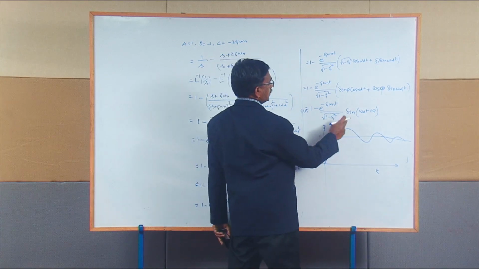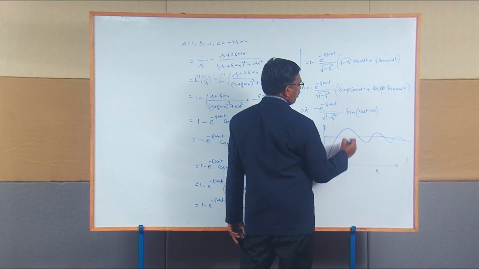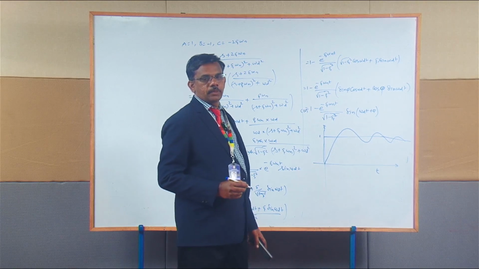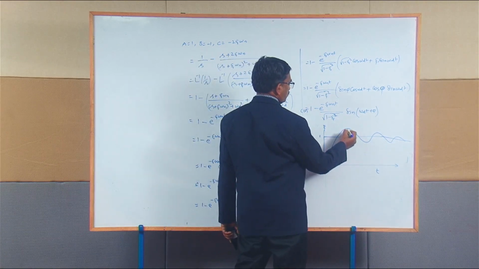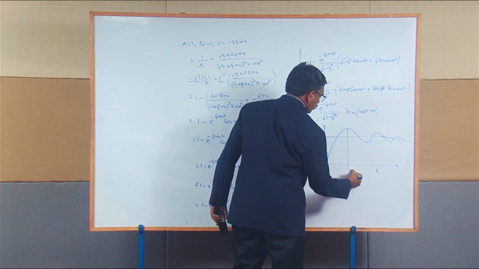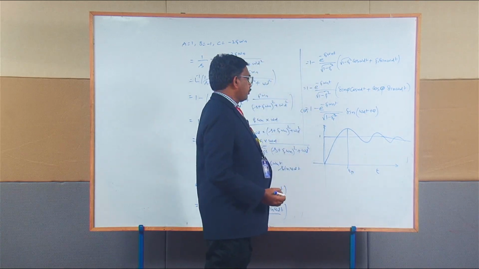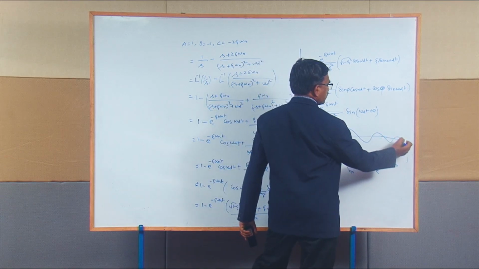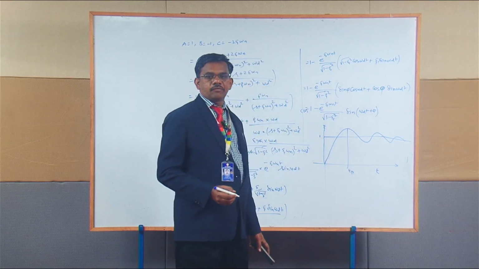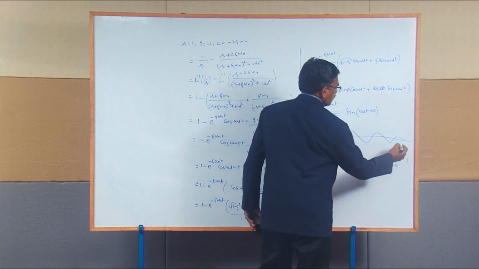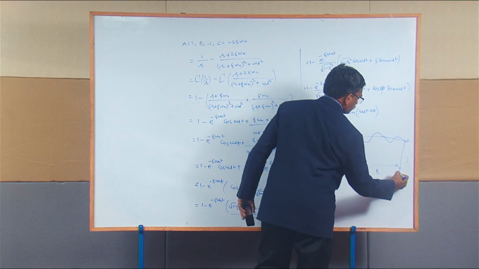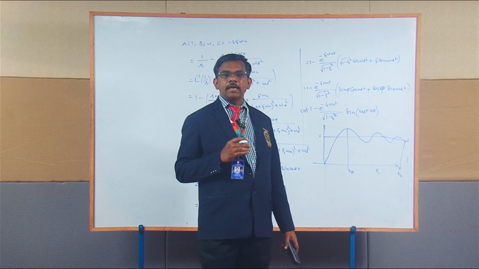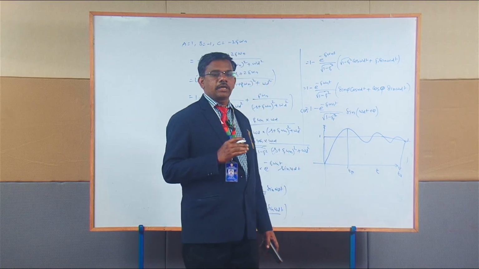From this curve, we can determine all the time domain parameters of the second order underdamped system, like overshoot and the time taken to reach the overshoot, that is called peak time, and the time taken to reach and settle within an acceptable offset value, that is called settling time, and the time taken to reach 90% of the maximum value, that is called rise time.